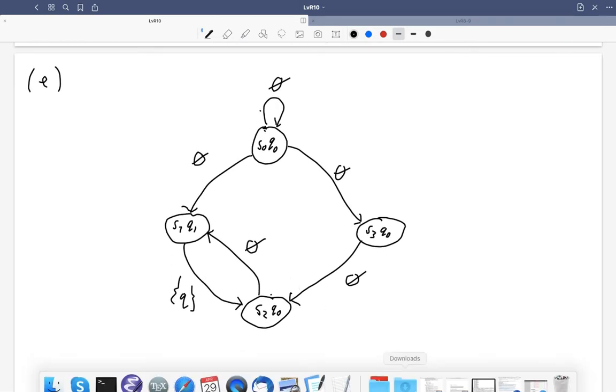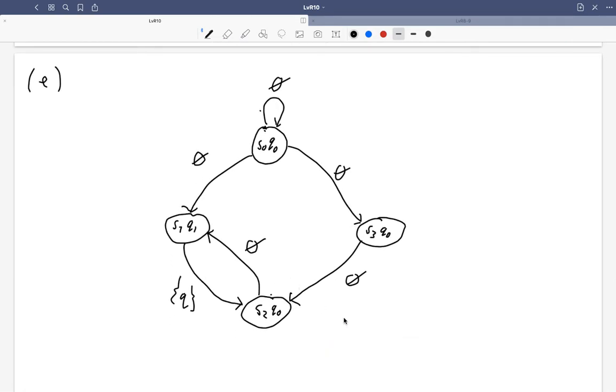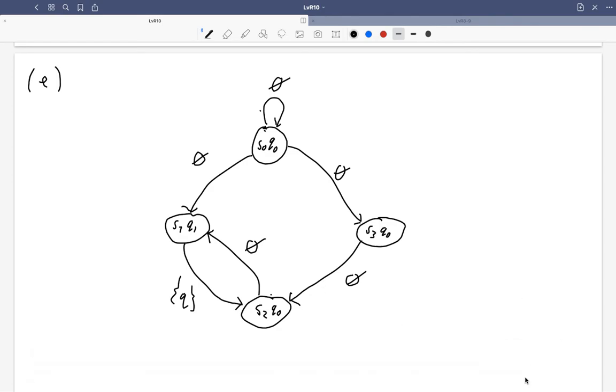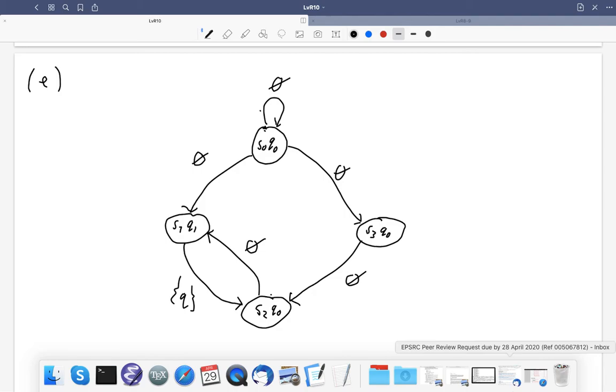Okay, so we still need to define the accepting states and the initial states. Let's do the initial states first.